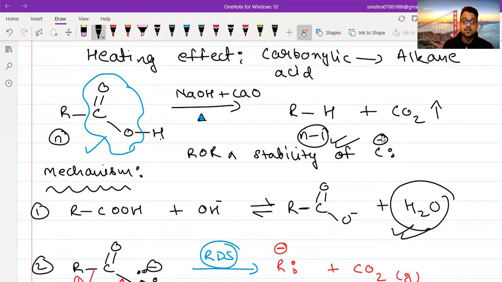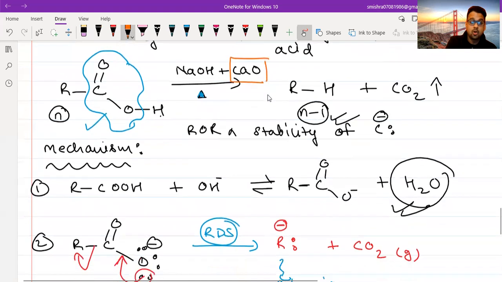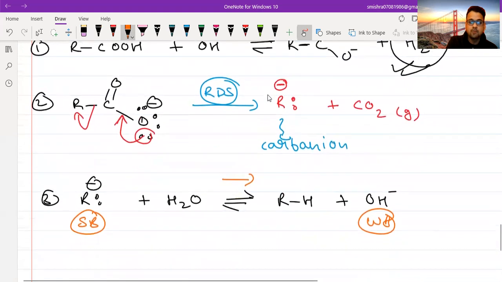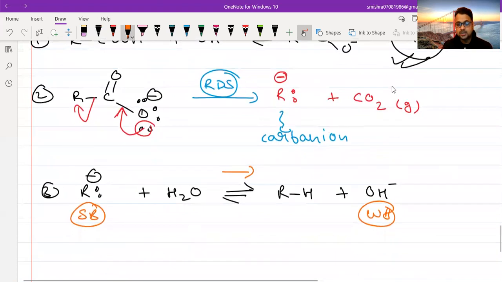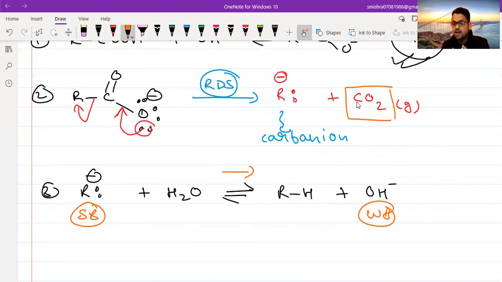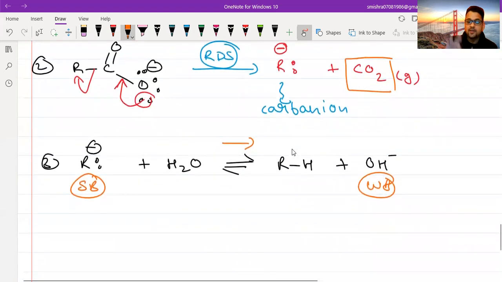Okay. The third characteristic, which is very frequently asked in the examinations: what is the role of this CaO? What is the role of this CaO? So the role of the CaO, students, is to trap this CO2. Dekho, what can happen is that this step can go in the backward direction, just like your Grignard reacts with CO2. Okay. So if this CO2 is made to remain in the system, then this particular step can go in the backward direction.